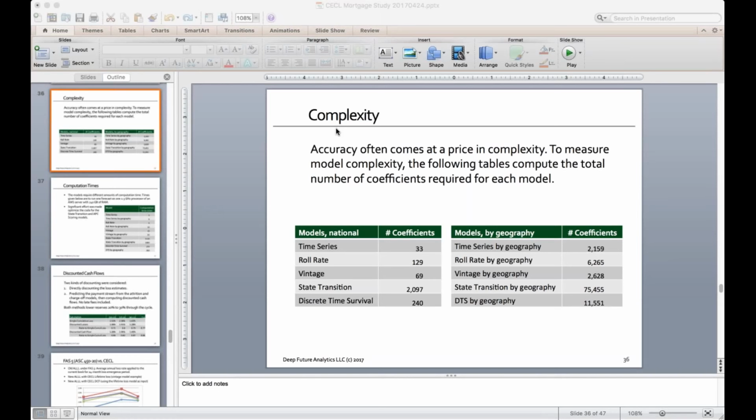The state transition model has a lot of things to be estimated, a lot of parameters here, and in fact there are many ways to simplify state transition models. We did not test all the simplifications. We went for the most complex we could, just to drive the greatest possible accuracy. You can trade off accuracy for simplicity in those models. The discrete time survival model does not have as many parameters as the state transition model, but again is technically more complex to create than some of the others.